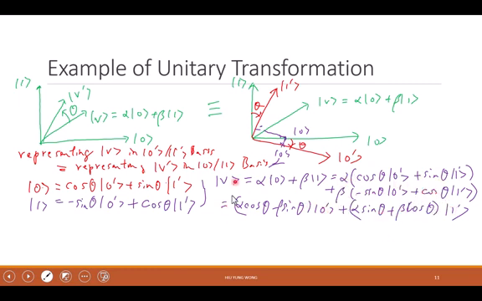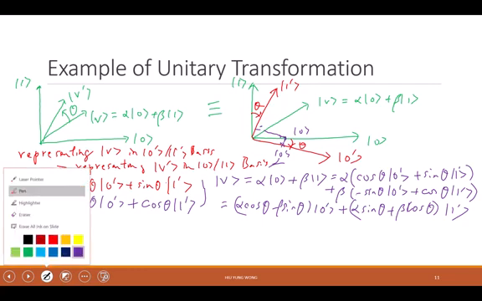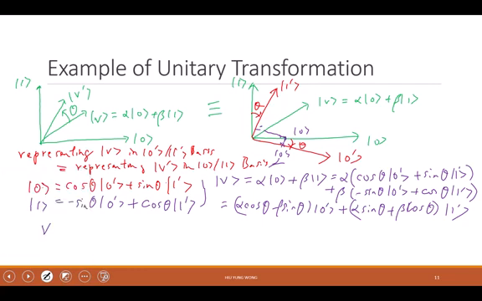You see that I already represent this guy in the new basis. So how do I write it if I want you to write it in the column form? Basically, I already showed that this one is representing V in the 0 dash, 1 dash form.